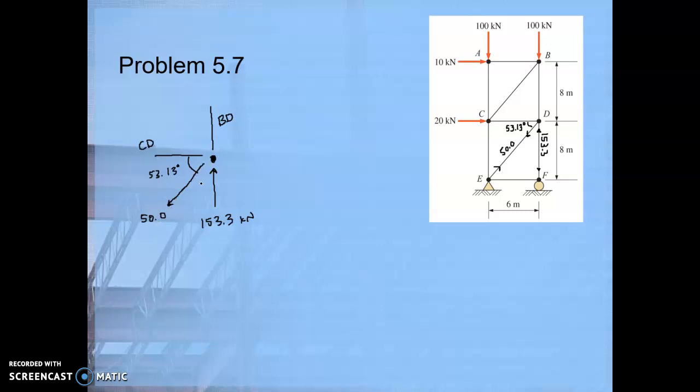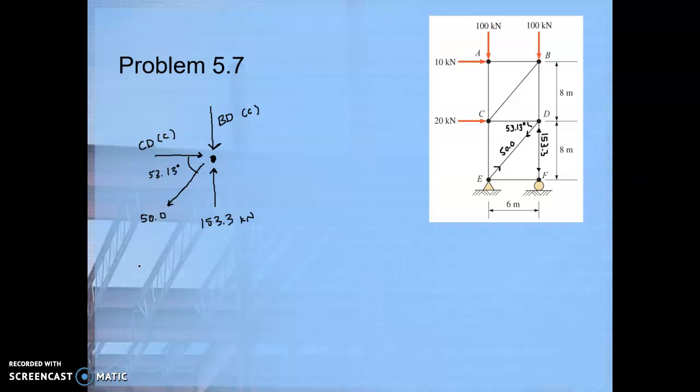So the net result of these two forces is going to be an upward push, which means that it has to be reacted by a downward push from BD. So it's going to be in compression. And since this 50 kilonewton force is pulling the joint to the left with a tension force, then CD must cancel it out by pushing to the right. So we can take a guess that CD is in compression.